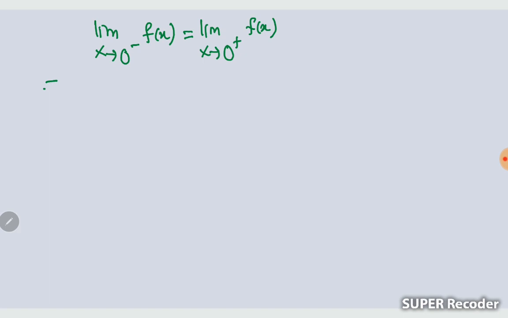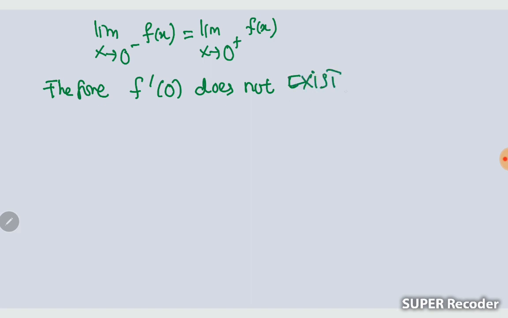So what is the conclusion? We see that the limit as x approaches 0 from the left of f(x) does not equal the limit as x approaches 0 from the right of f(x). Therefore, f prime of 0 does not exist.